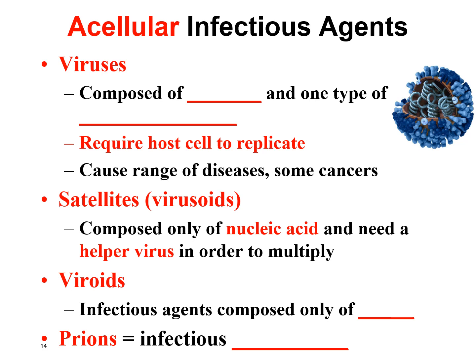Okay, and then our last group of microorganisms are very interesting. They are acellular. Okay, and acellular, A means without, so they do not have a cell. Okay, so these include things like viruses.